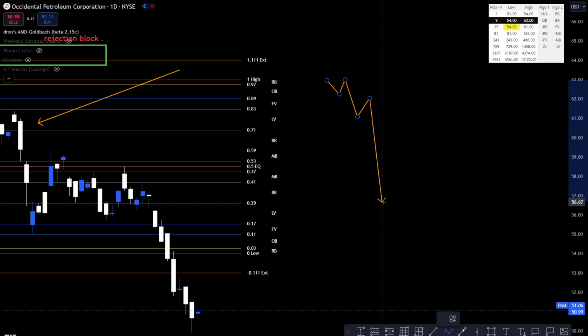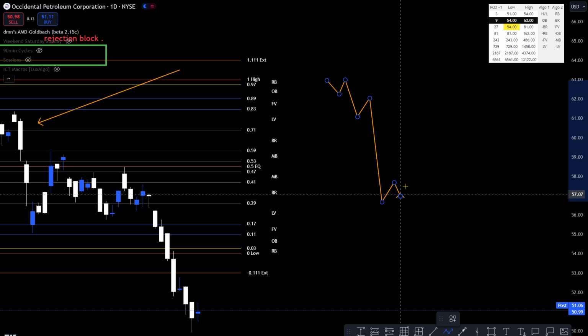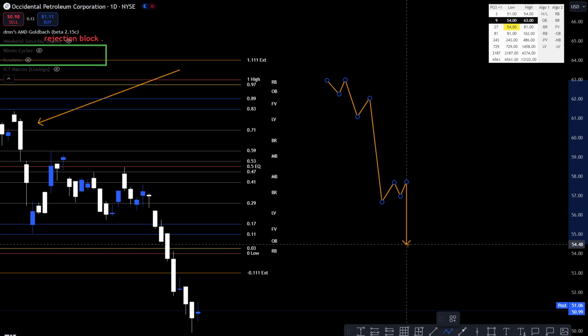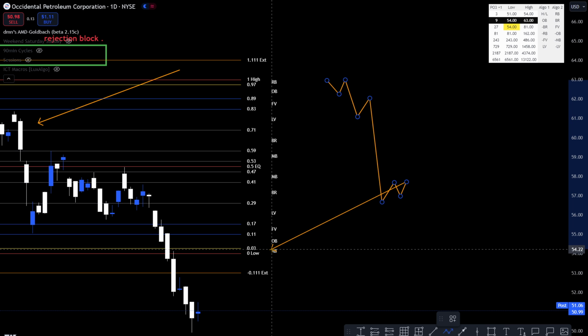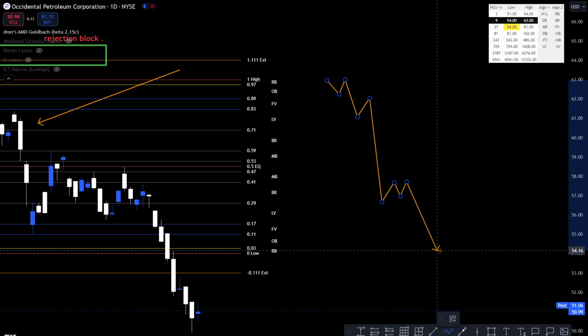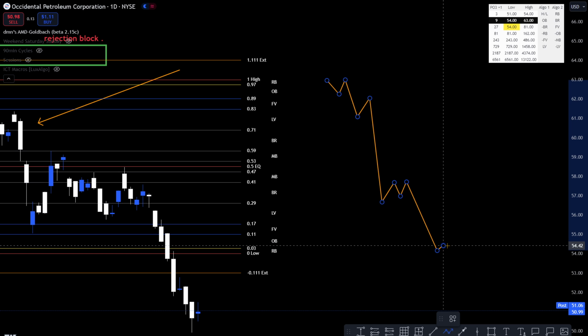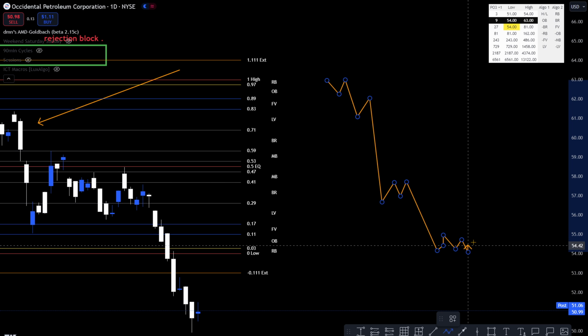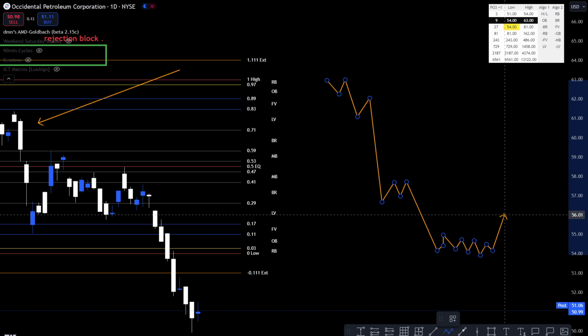All right. It's going to give you all this consolidation, and that's going to drop again. Now, when it drops again, though, it's going to land in this rejection block. All right. It's going to start curving, consolidating, how we saw in the last video. All right. It's going to pump up.